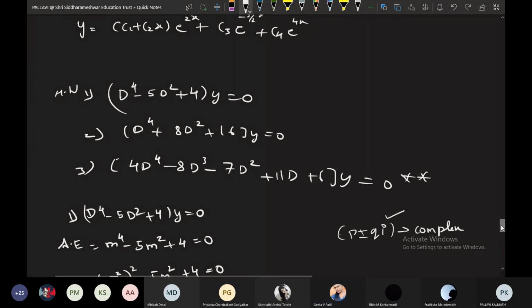It is 4d raised to 4. What is the answer for this example? Roots are 3 by 2, minus 1 by 2 and minus 1, ma'am.